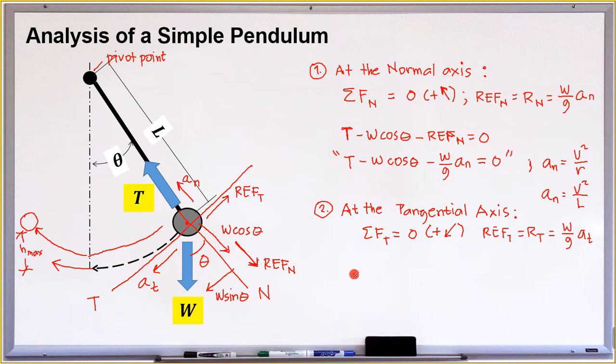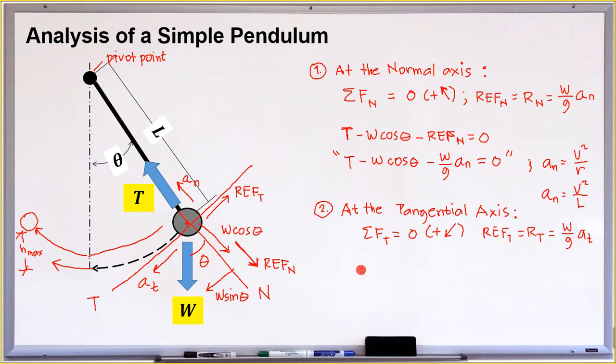So the same thing, unsa may forces nga nag-interact along the tangential axis, we only have the component of the weight. Okay? So sila ra duha. So si component of the weight is that is 0. Okay? So that is 0 man siya. And then siya man mo ay siya may paubos, so siya ang positive.